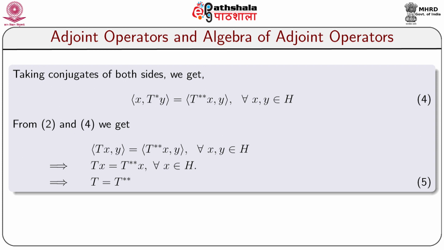From equation number 2 and equation number 4, we get <Tx, y> = <T double star x, y> for all x, y belonging to capital H, which implies that Tx = T double star x for all x belonging to capital H, which implies that T = T double star. This is equation number 5.